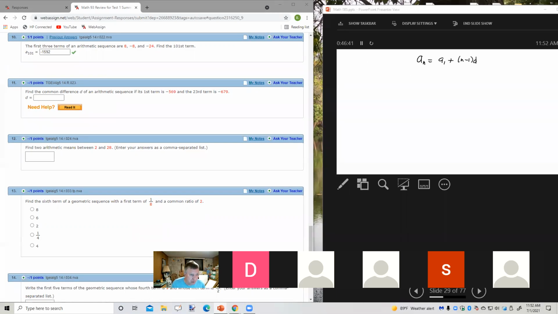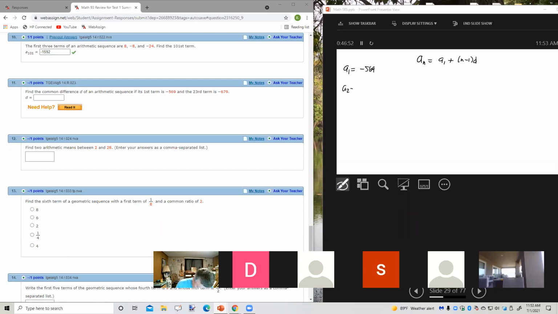So read carefully. Okay. We know that the first term is negative 569. We know that the 23rd term is negative 679, and we want to find the common difference, okay? So we're going to set up an equation. We're going to use a sub 23.